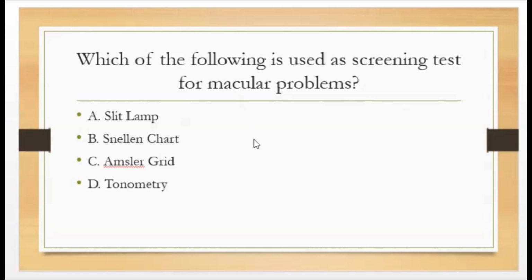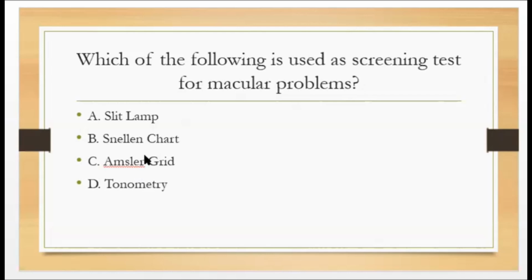So what do you give to somebody that has macular degeneration? You give them what we call the Amsler grid. Amsler grid is like something with a larger print. Tonometry is used for glaucoma, okay, that is your tonometry.